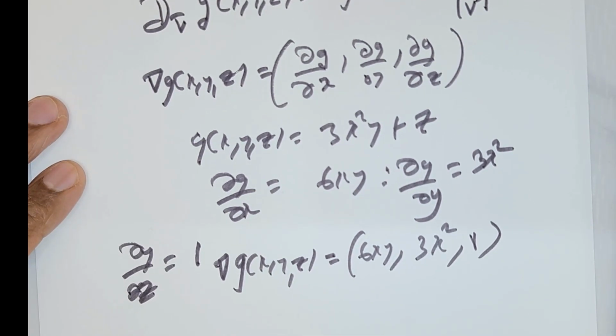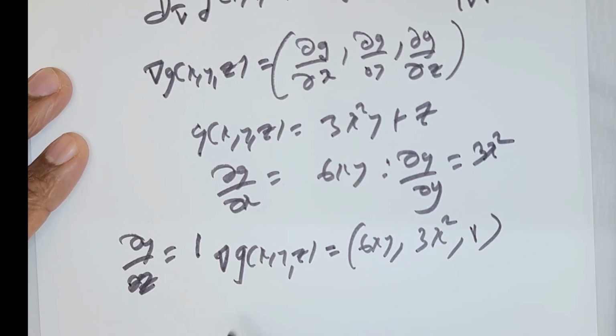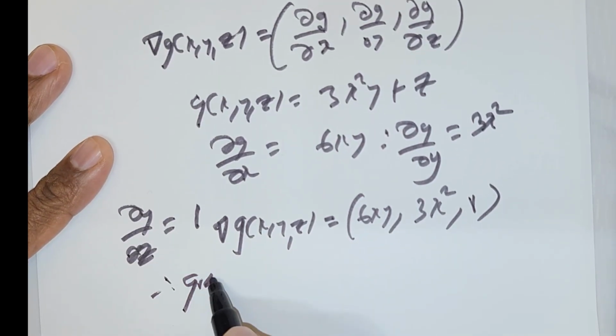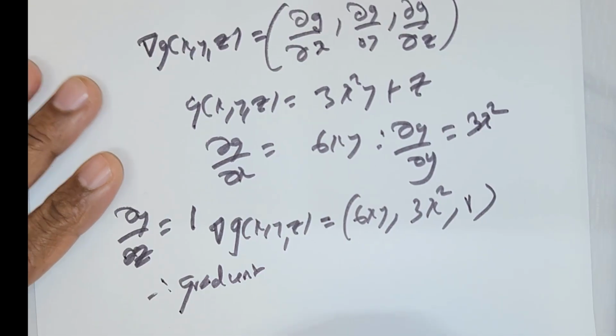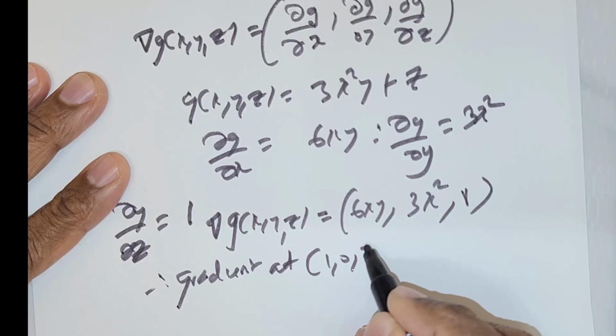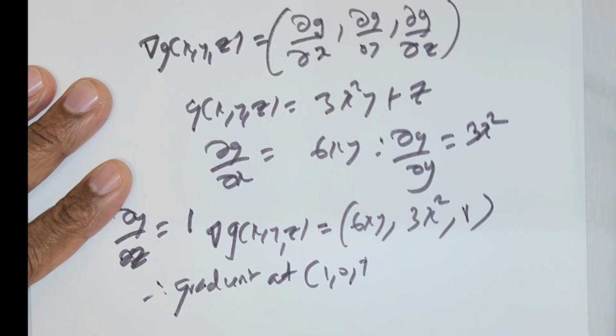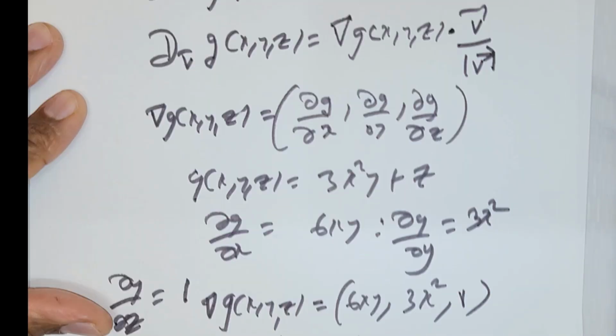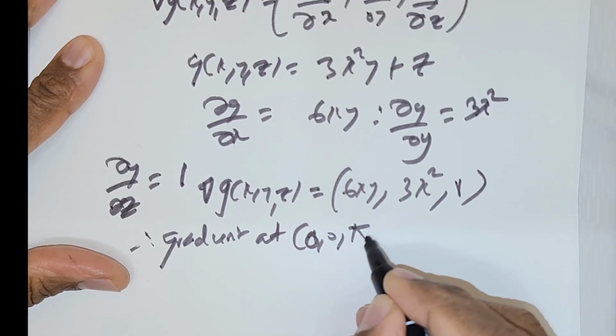Now the gradient at the point. Is it (1, 0, pi)? Let me check that. Now this is actually (1, 0, pi).